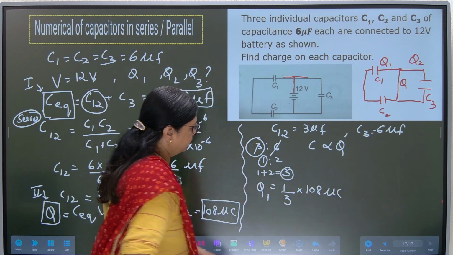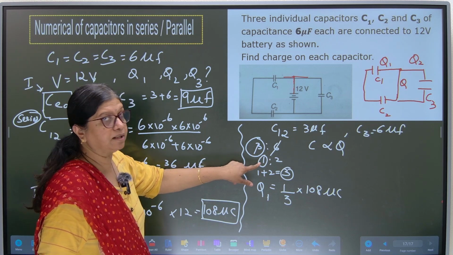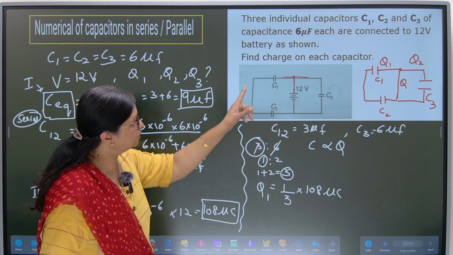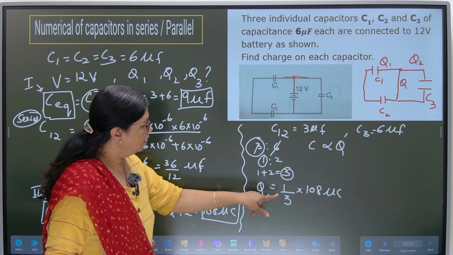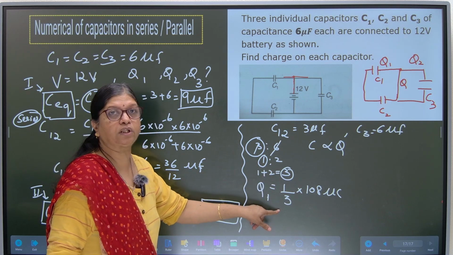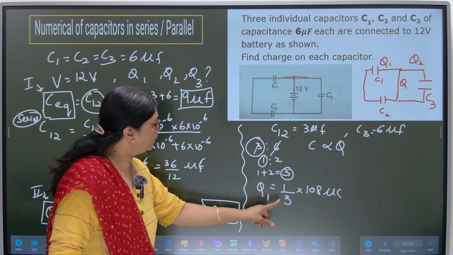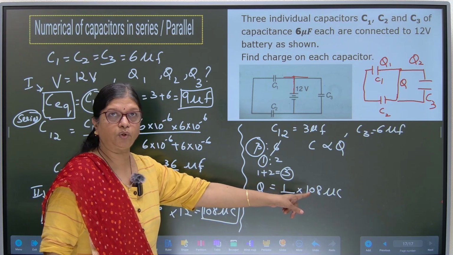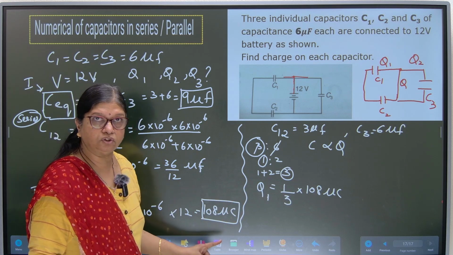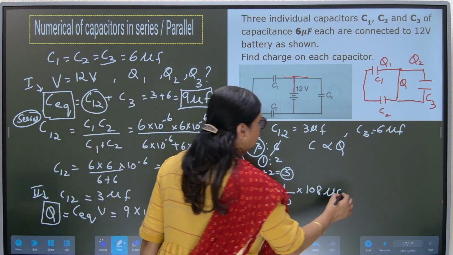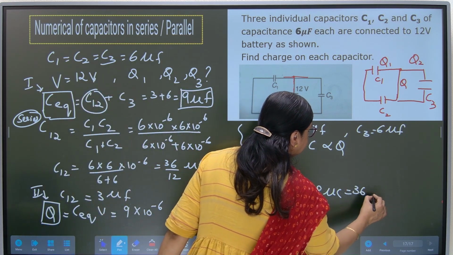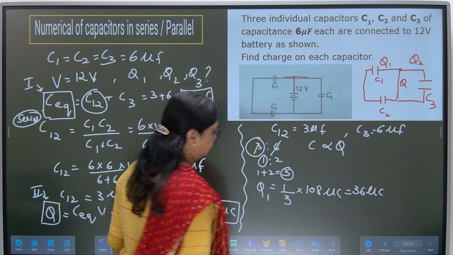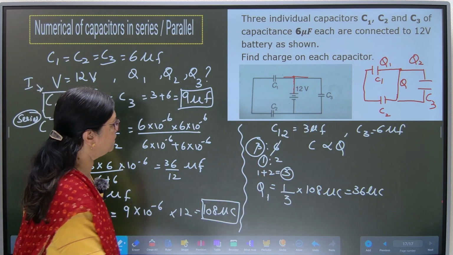I repeat, one part of this branch capacitance divided by the total 3 parts. So 1 upon 3 into 108, which is the total charge. So what is my answer? 36 microcoulomb.